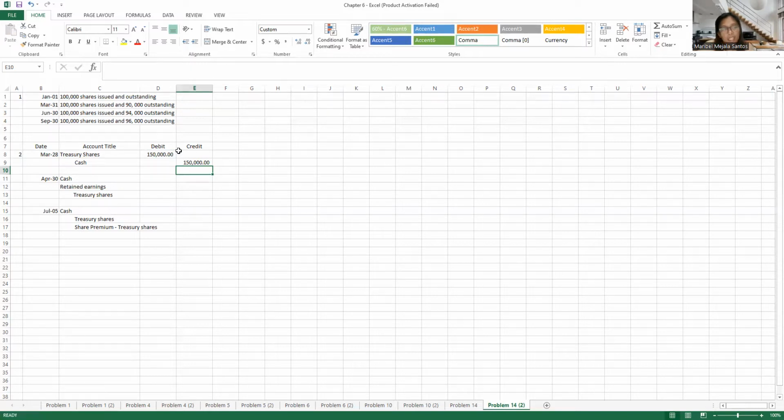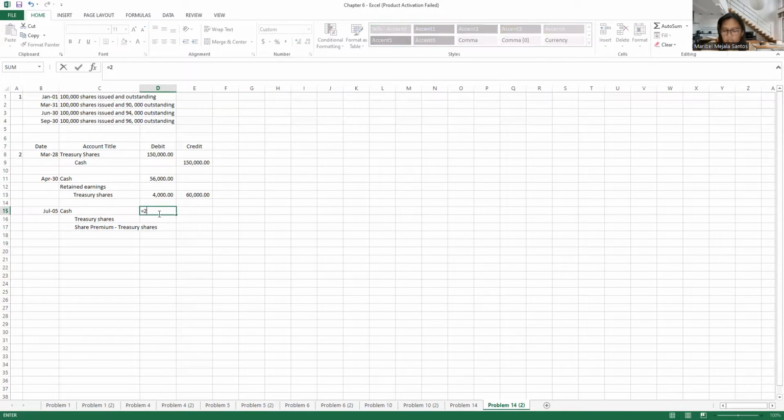And then on April 30, binenta natin, no? Yung shares na yan, yung 4,000 at 14 pesos. So at a loss siya, no? So 4,000 kasi binili natin ng 15, binenta lang natin at 14. So ang cost nung 4,000 times 15 ay 60,000. So meron tayong loss na 4,000 which will be offset to retained earnings. And then on July 5, binenta naman natin ng mas higher.